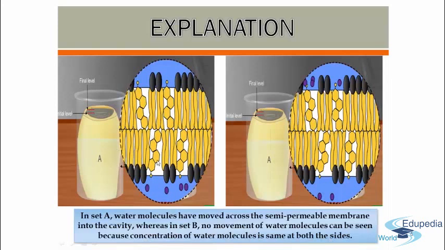This shows how these water molecules, in purple color, move through the semi-permeable membrane, due to which the level is increased. The initial level was this and the final level is increased. But in the case of the control that we took, there is no movement of water molecules because the concentration of water molecules is the same on both sides.